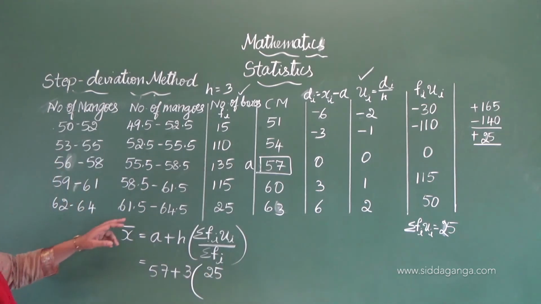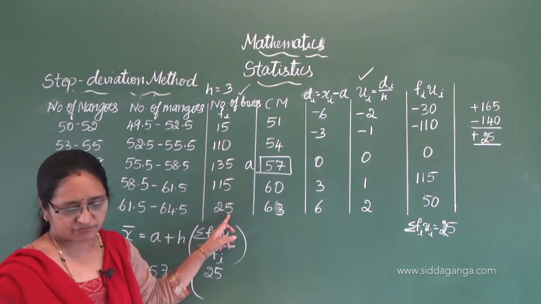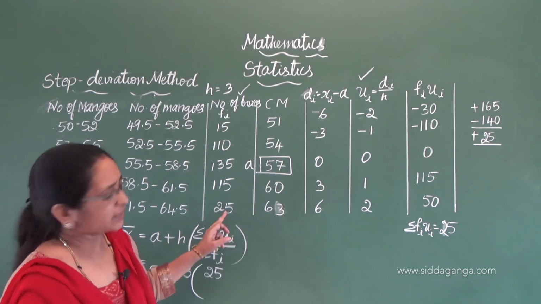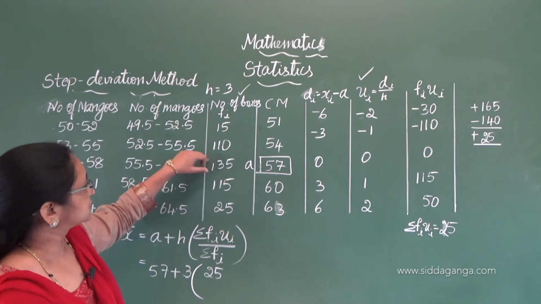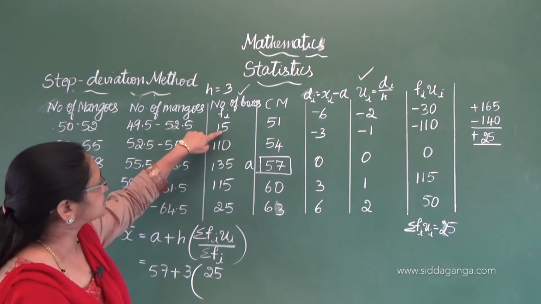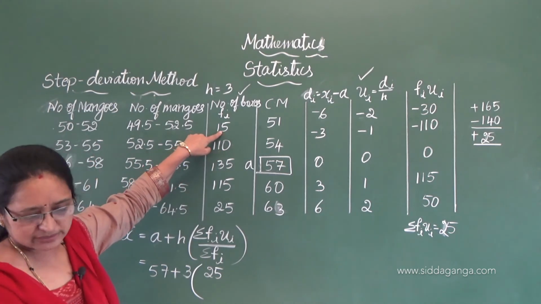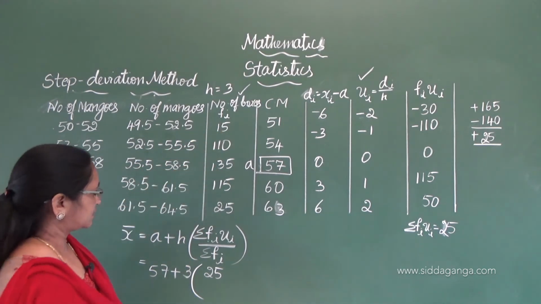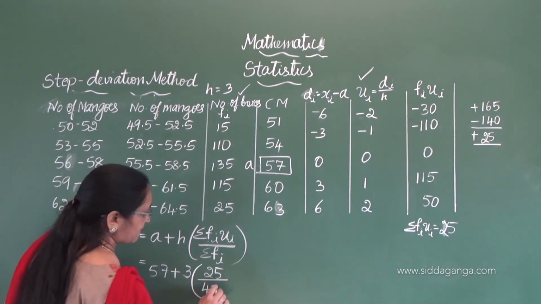And how much is sigma Fi? It is not given, but you can add 25 plus 115 plus 135 plus 110 plus 15. So you will get 400 here. So divided by 400.